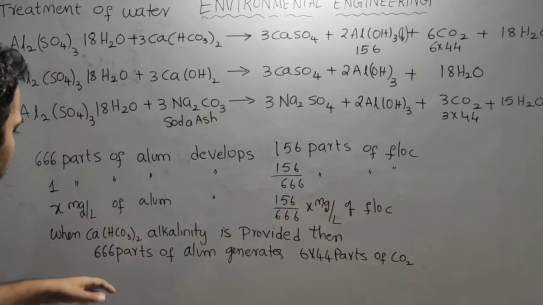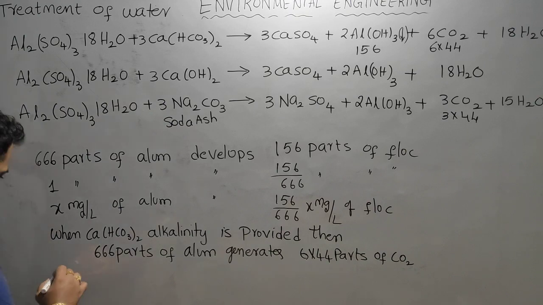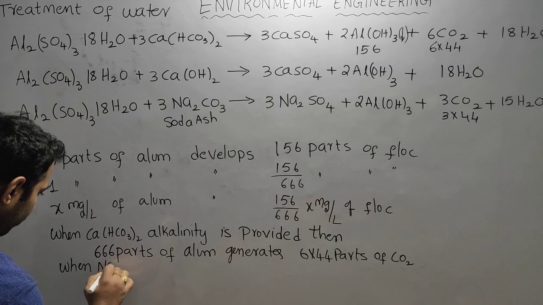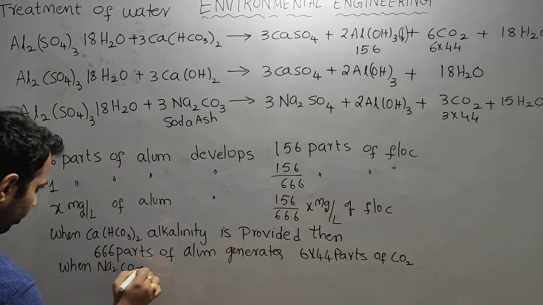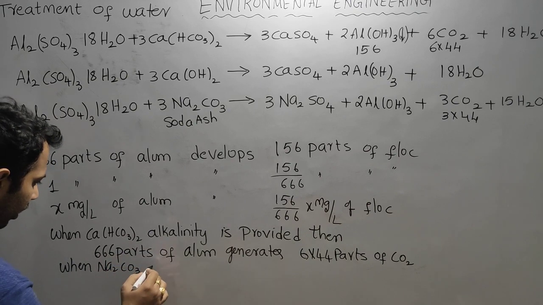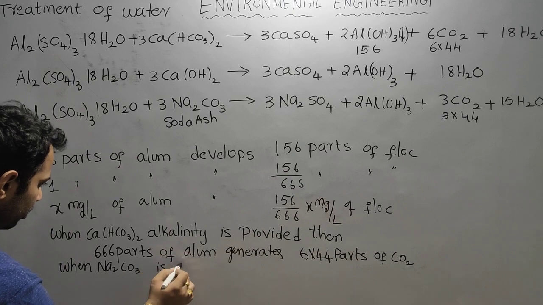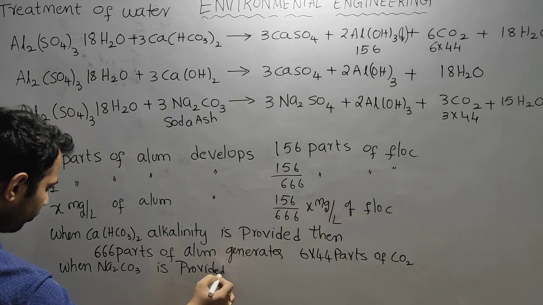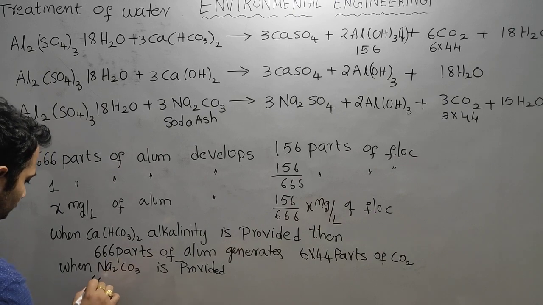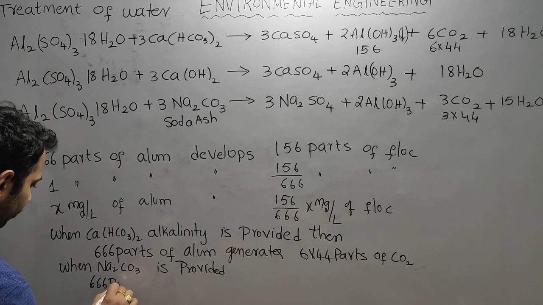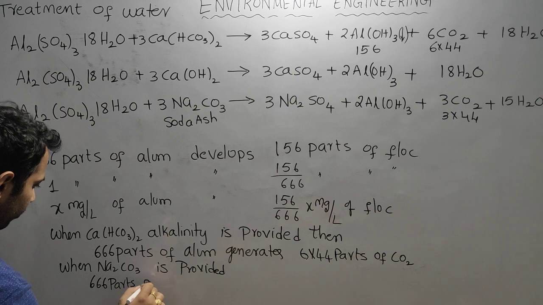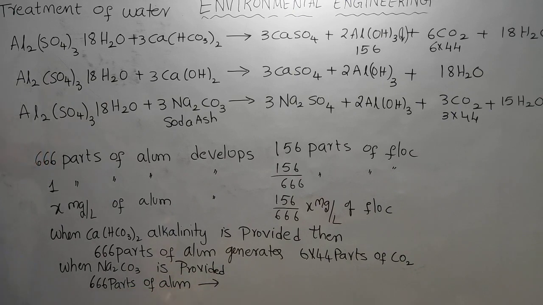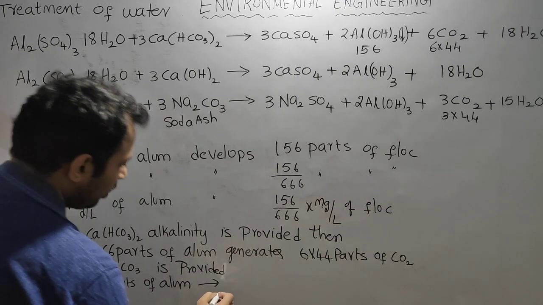Similarly we can write it for Na2CO3 also. When Na2CO3 alkalinity is provided, then 666 parts of alum gives 3 into 44 parts of CO2.